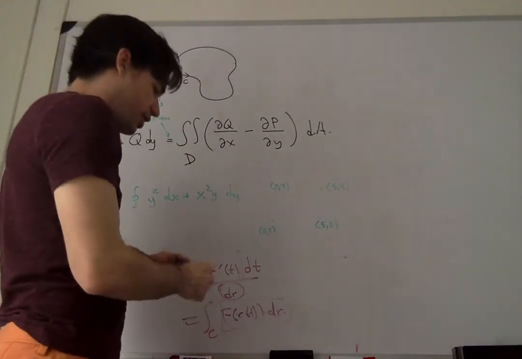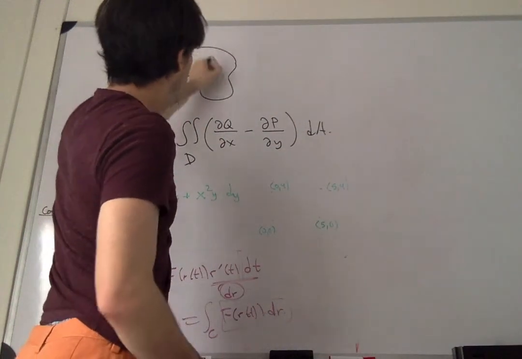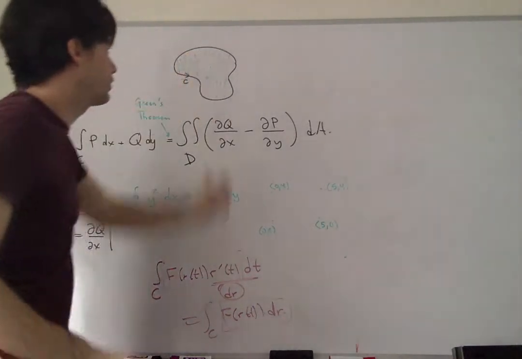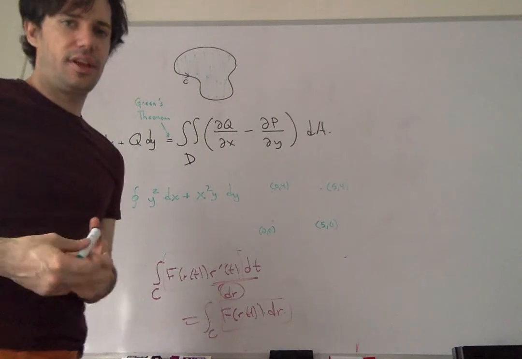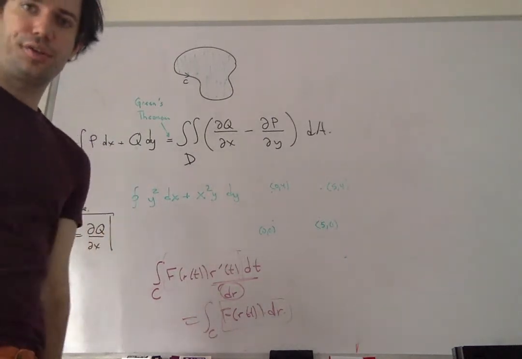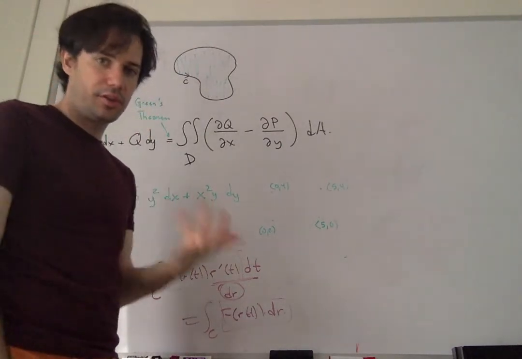When you have this curve, you're going to pick up a domain, and the domain is everything inside that curve. So this is a closed curve. That's the other thing. The curve has to be closed.